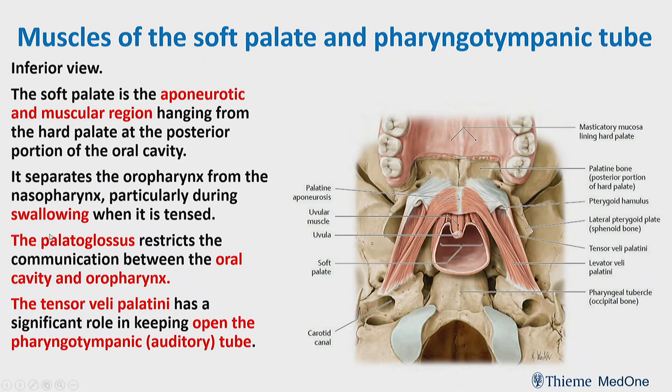Some muscles, like palatoglossus and palatopharyngeus, restrict the communication between the oral cavity and the oropharynx, as we said and are going to say. The tensor veli palatini, for example, is a muscle that acts not only on the soft palate but also on the auditory tube.